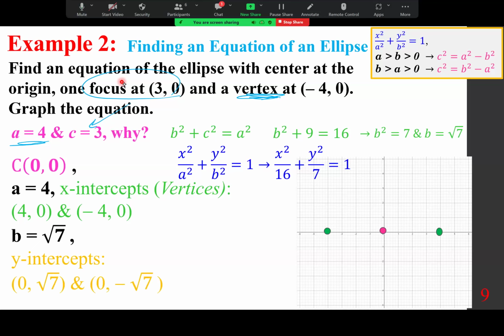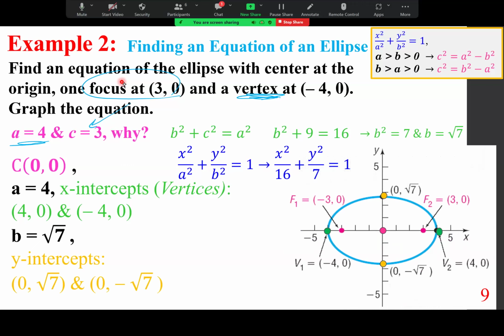So 0, square root of 7, 0, negative square root of 7, and roughly, as I said, 2.6 something, 2.7. And we have the graph. We have the center, we have the vertices, we have the y-intercepts along the minor axis, and we have the foci.